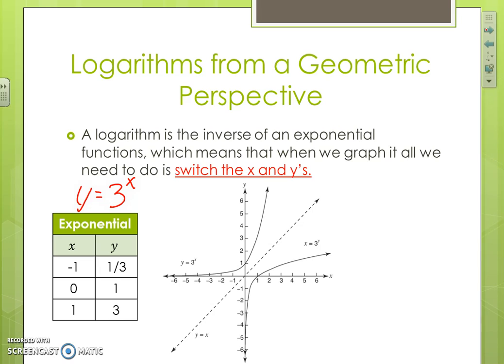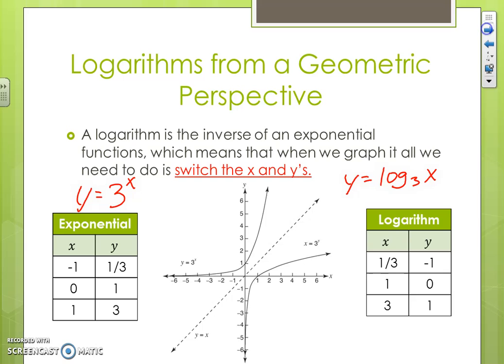Now, we're dealing with our inverse. So the inverse of 3 to the x would be y equals log base 3 of x. And inverses, you just switch the x and y's. That's the main rule that you have to remember with your inverses. So we're just going to create a table for this logarithm, and all that's going to happen is your x's and y's are switched.